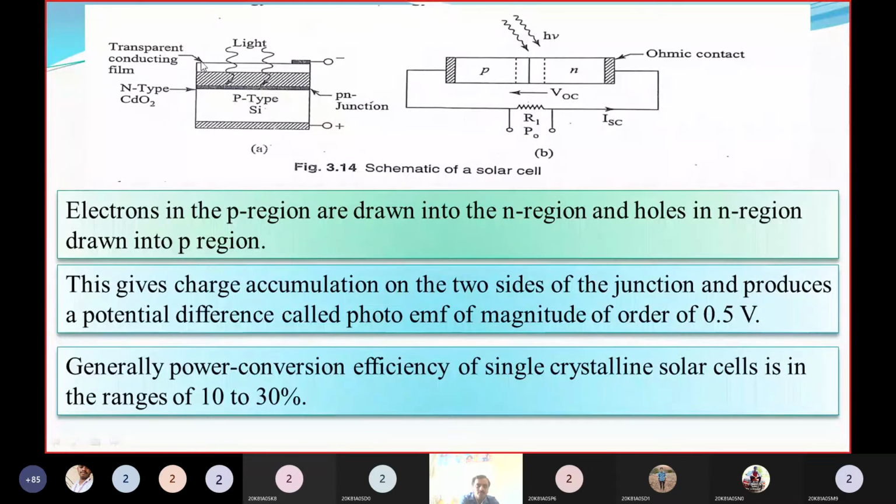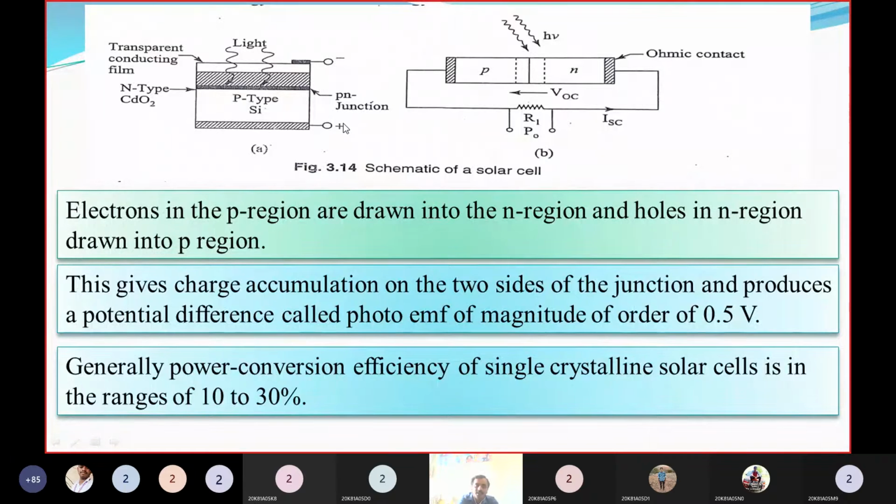Due to the transparent conducting film, light enters, and light is incident on both the N region as well as the P region. Here we take ohmic contacts for the P region as well as the N region.